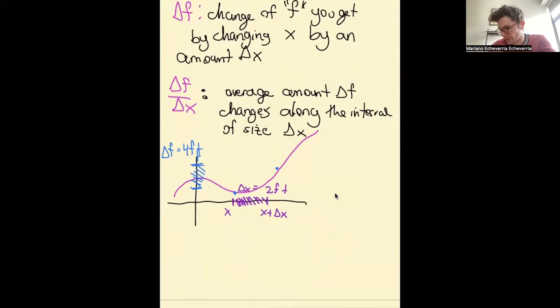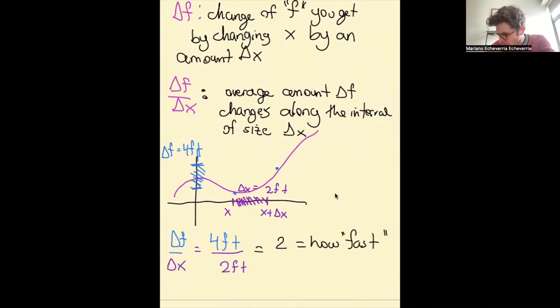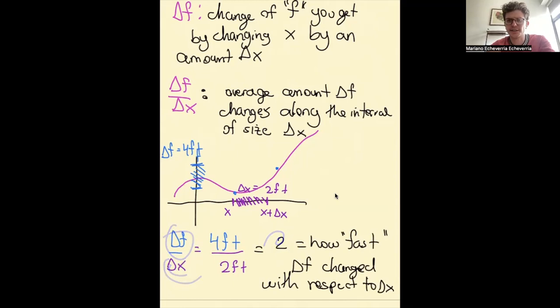Right, because this is roughly saying that if this ratio is 2, then delta f is changing twice as fast as delta x, right?